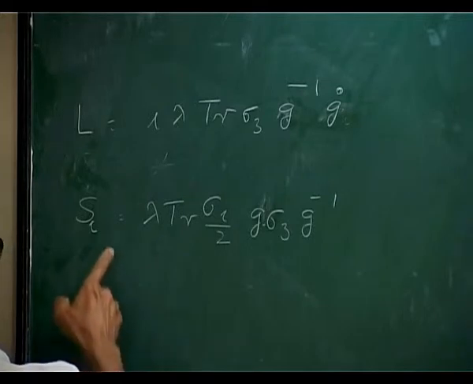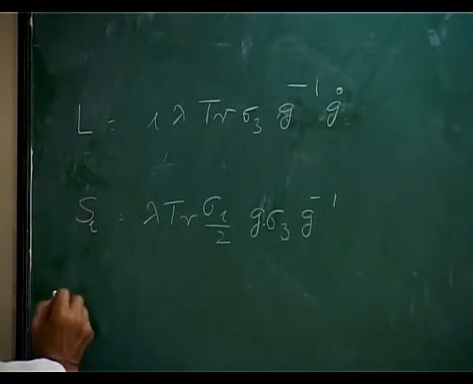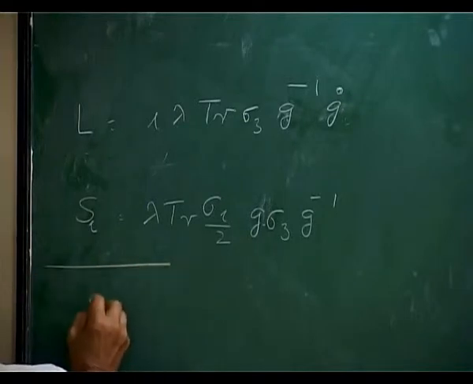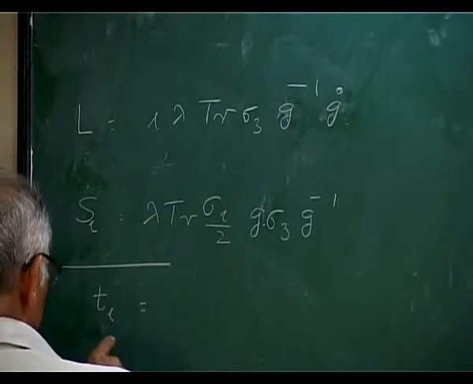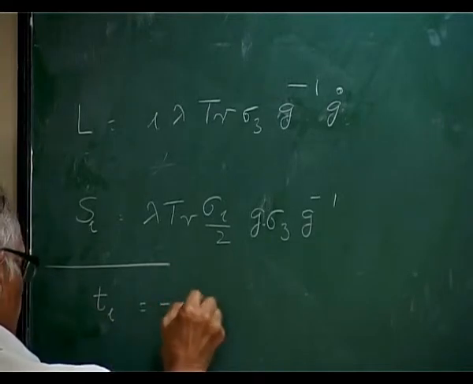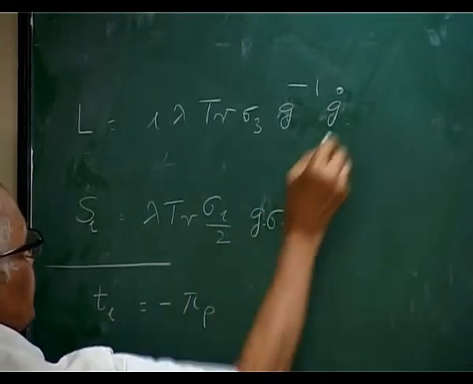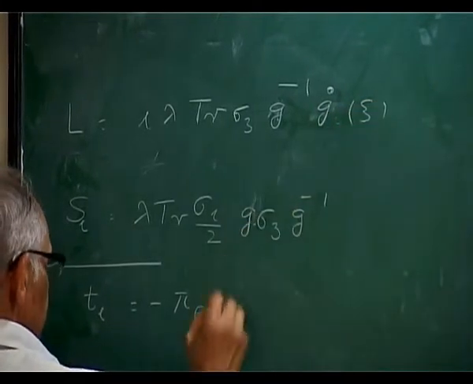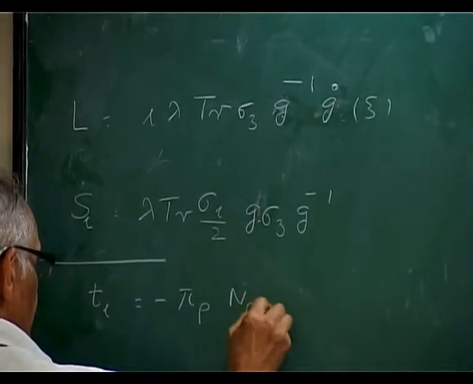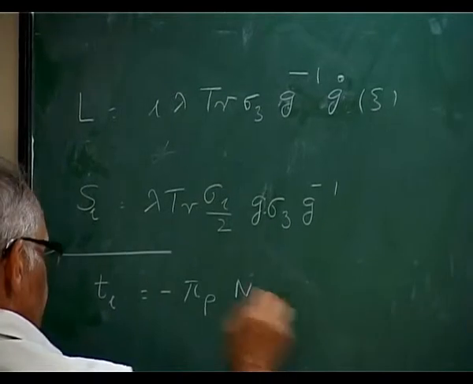Then we found that for this Lagrangian, we took a slight detour by writing the momenta conjugate to the variable psi, to define this object.